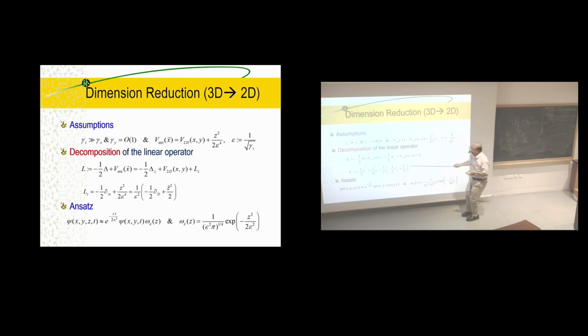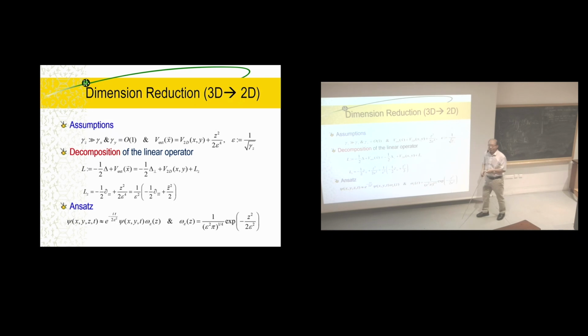So we know the eigenvalue of that is order 1, which means the eigenvalue of Lz, or the energy, is roughly at 1 over epsilon squared scaling. And in the xy direction the energy is order 1. So if you do some perturbation, the perturbation will only be in this direction; this one has almost no effect.